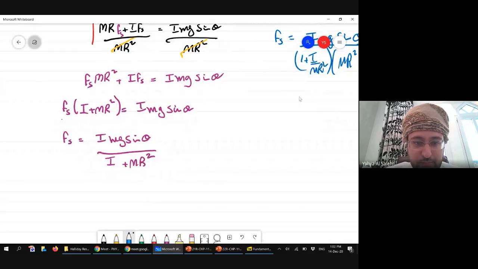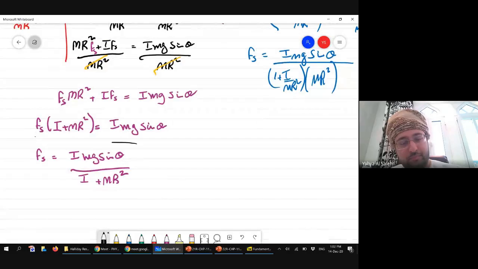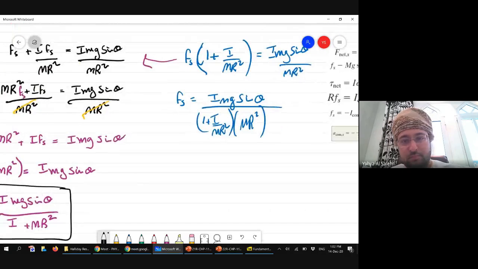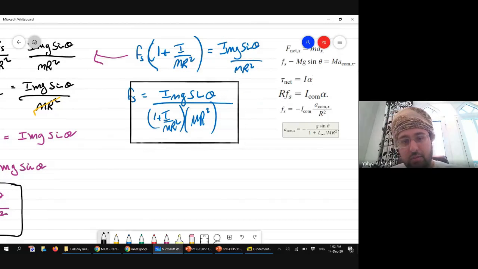Okay. You can do it either way. So you can do it this way, or you can write it down using this way.